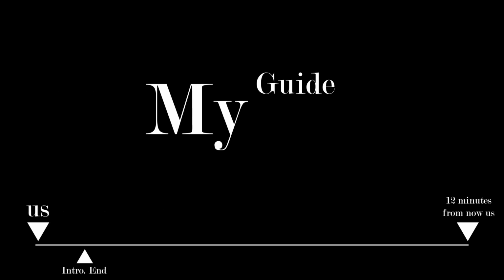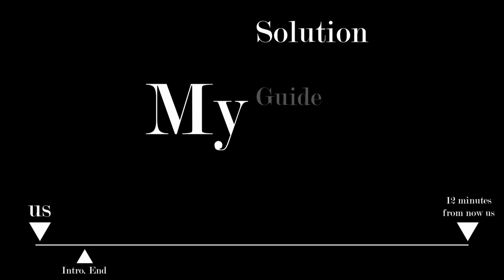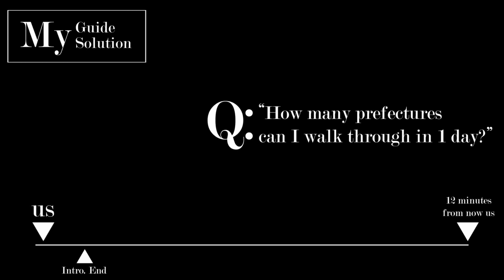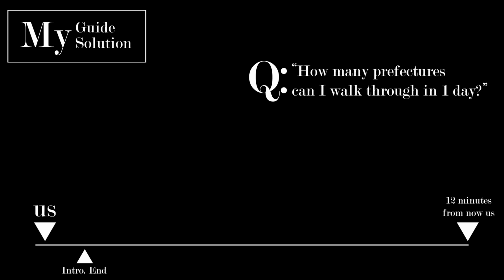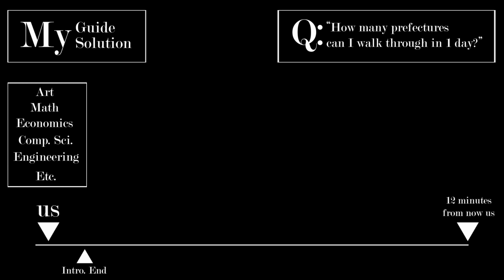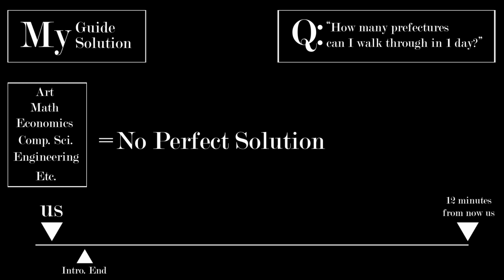Before we begin, I would like to explain that I am only guiding you through my process of how I solved this question. Much like computer science and perhaps many other problem-solving fields, there is no one perfect solution.